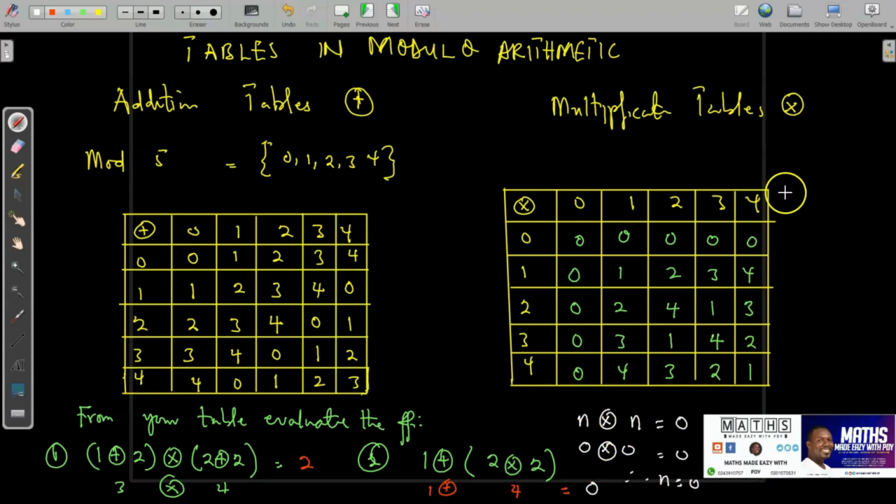Then again, the question could have been n plus n is equal to 0. So you have to use the addition table to find out the value of n. But before that, give us a fair notice from the table. From the table, what entries added to itself give you 0? Look at the entries from the addition table. 0. So you have 0 plus 0 giving you 0. What else?